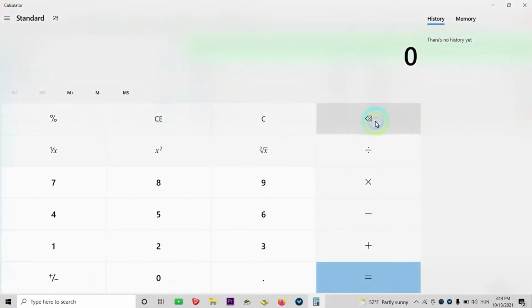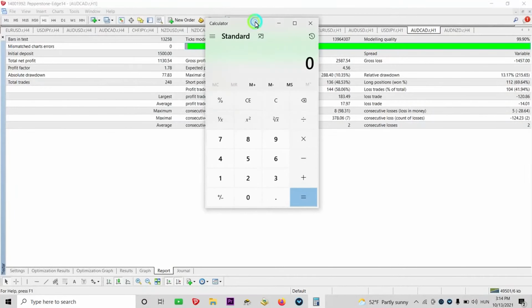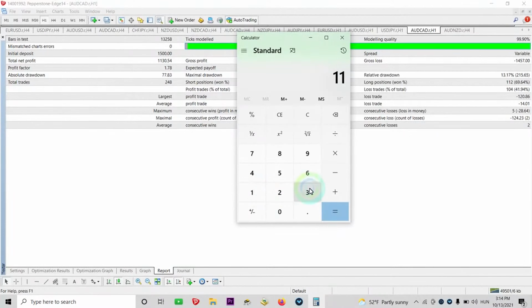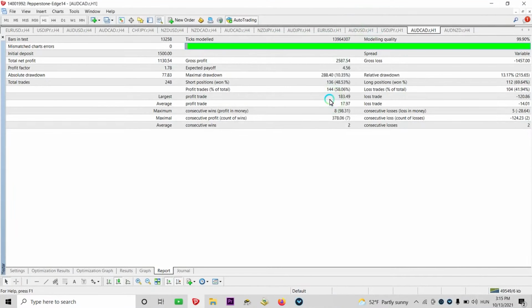Let's see how much is the gain. Yeah, it is pretty good. So we have a 75% gain approximately. Our biggest profit trade is bigger than our biggest loss trade. That is good. Our average profit trade is bigger than our average loss trade. That is also good.